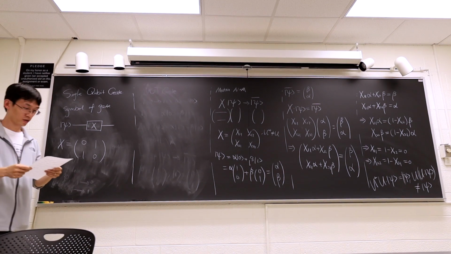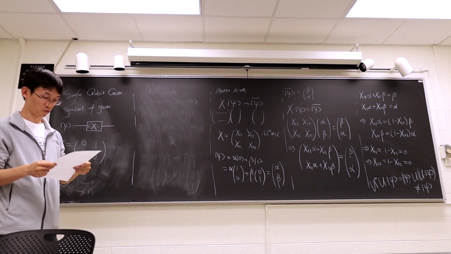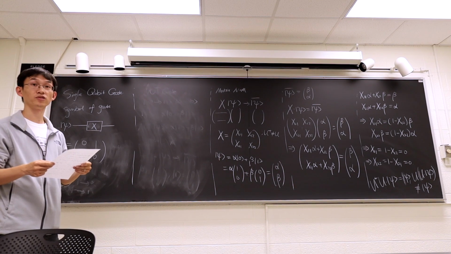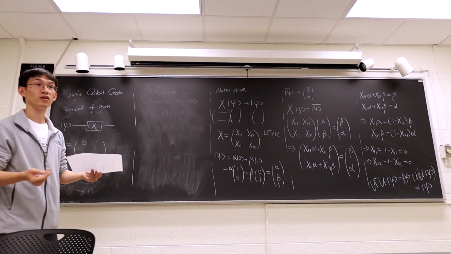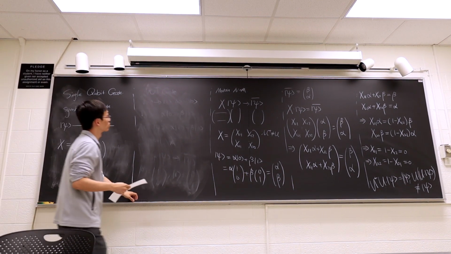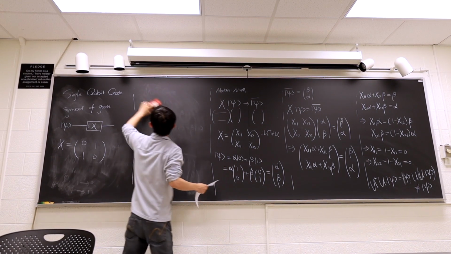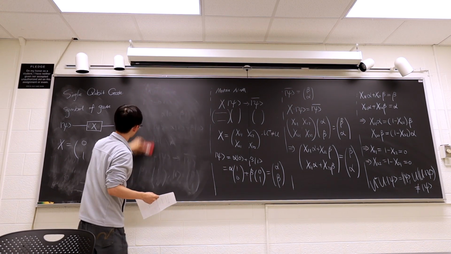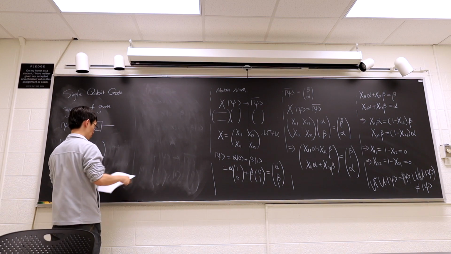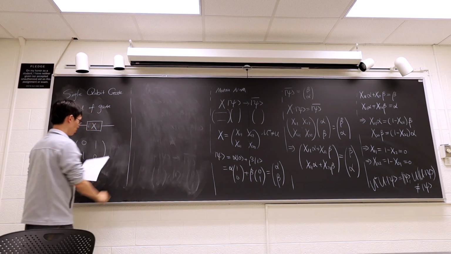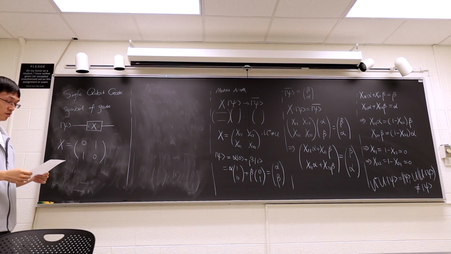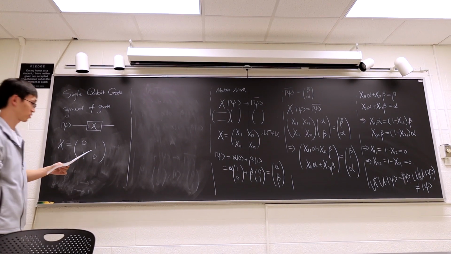And just to show that we have more than one non-trivial gate, I will show a second one. And this one is actually pretty useful. If you go on the IBM Q Experience website, they will actually give you this gate.